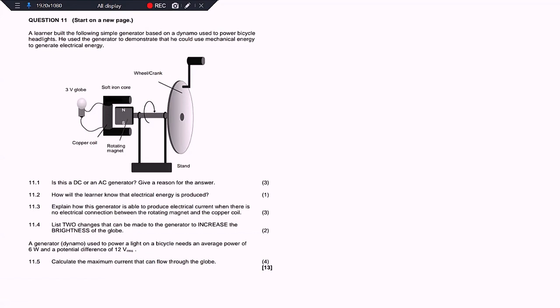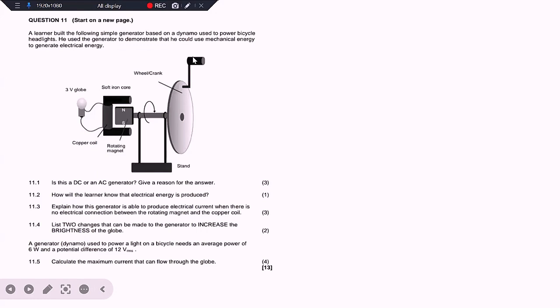It says a learner built the following simple generator based on a dynamo used to power bicycle headlights. He used the generator to demonstrate that he could use mechanical energy to generate electrical energy, right? And then is this a DC or an AC generator? Give a reason for the answer, right?